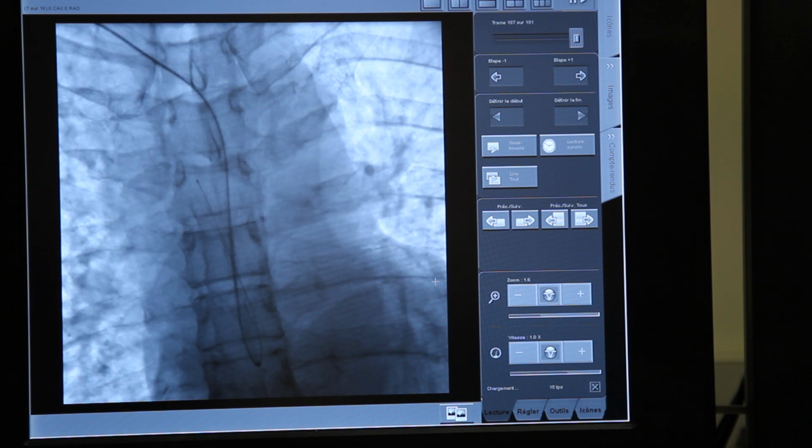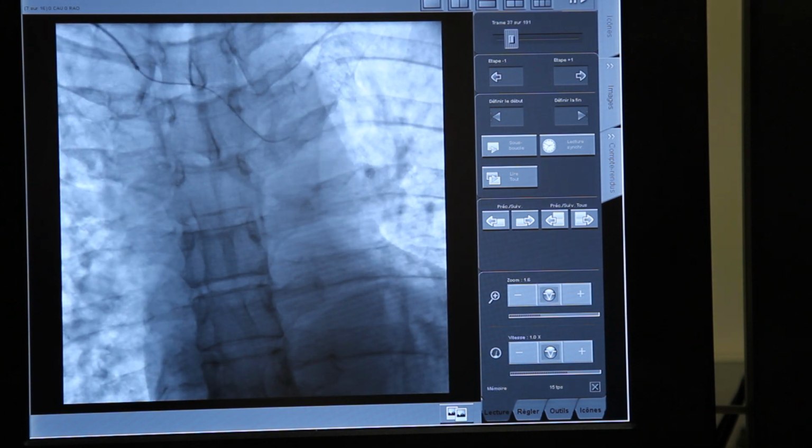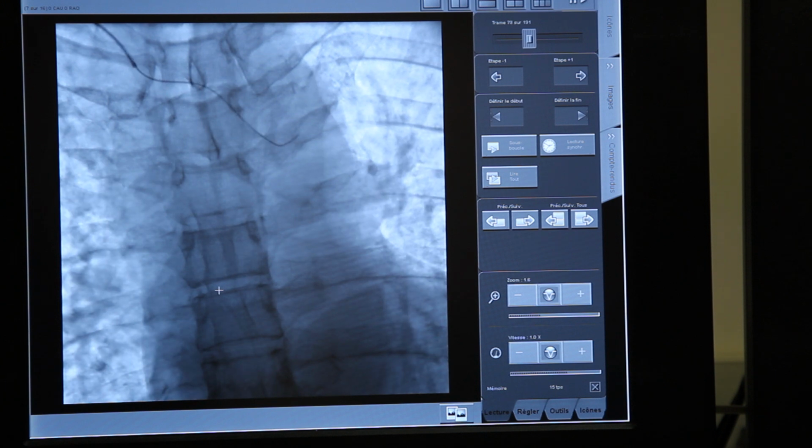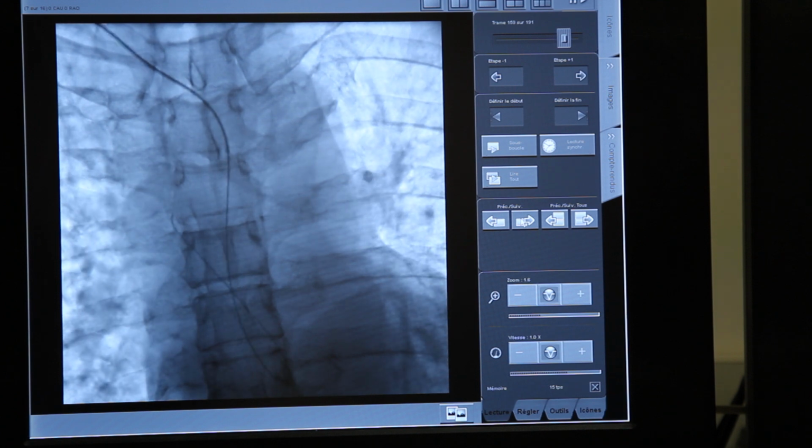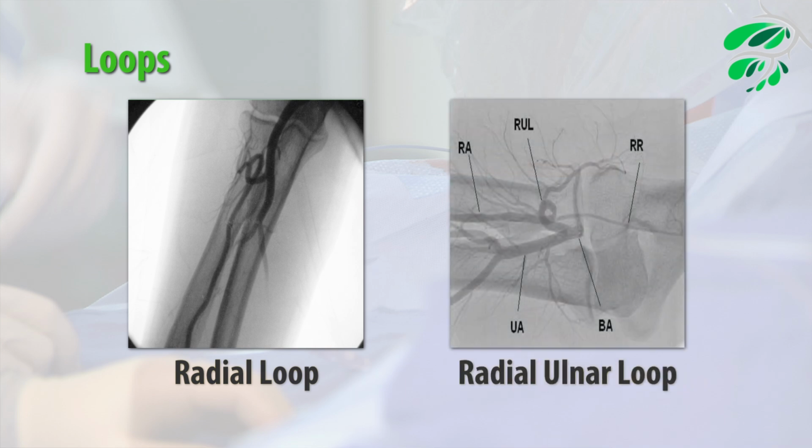So there are tortuosities that can be encountered there, and there are also cases where the subclavian origin may be more distal in the aorta, and then the catheters will have a tendency to go down the descending aorta instead of the ascending aorta, which will cause some difficulty with the torque and access of both ostia. Those are certain difficulties. If it's a radial artery loop and you're a relatively novice operator, then I would say probably move to the femoral approach.